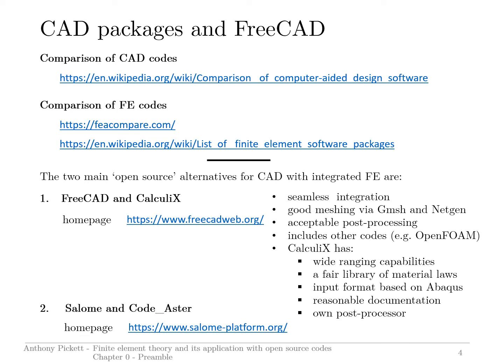Salome is one open source CAD code, and the other one really is FreeCAD. I'll go through these in a second. On the FE codes, there are many more, but really, again, there are two that are quite strong, I would say, and that would be CalculiX and Code Aster, which I will also mention in a moment.